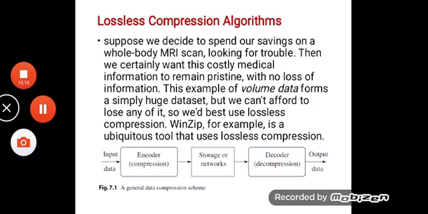So we would best use lossless compression. WinZip, for example, is an obvious, ubiquitous tool that uses lossless compression. So it is very clearly stated, along with an example which we normally use in day-to-day life.